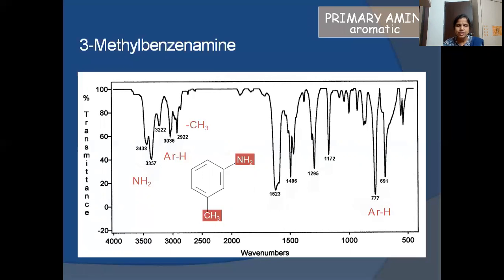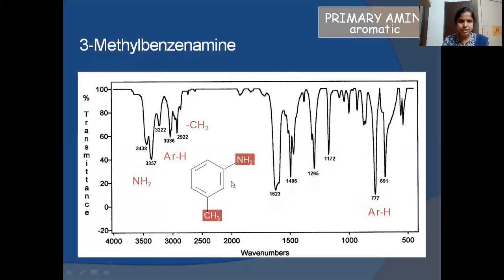Those number of bands will give information about the substitutions present on the aromatic ring. Here you can see it is ortho, meta. So it is meta substituted, or 1,2,3. It is 1,3 disubstituted benzene. So for 1,3 disubstitution, we find two bands below 1000. In that way, we can interpret that these two groups, NH2 and methyl group, are meta to each other.